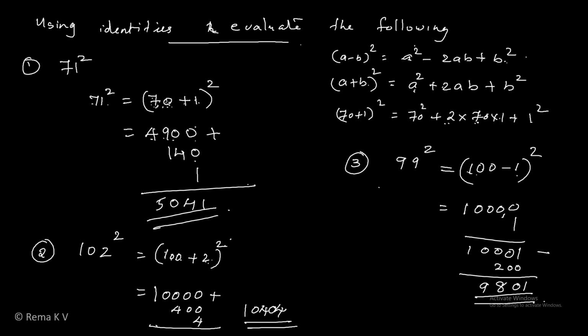Okay, now the next one is 998 square. You can write this 998 as 1000 minus 2. 1000 minus 2 the whole square.